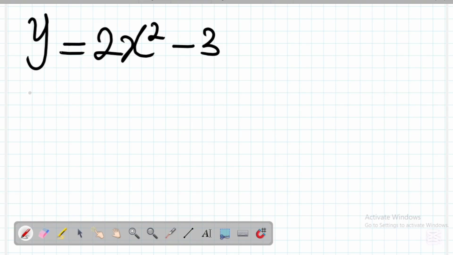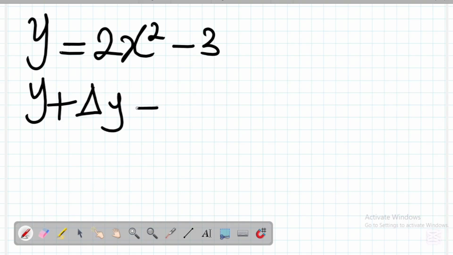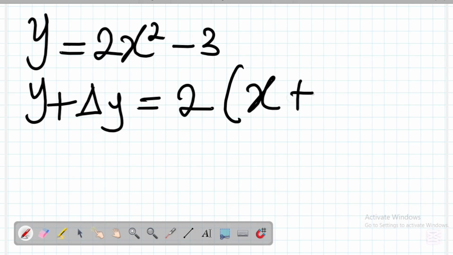So we have y plus changing y equals 2, open bracket, x plus changing x, close bracket, all squared, and then minus 3.